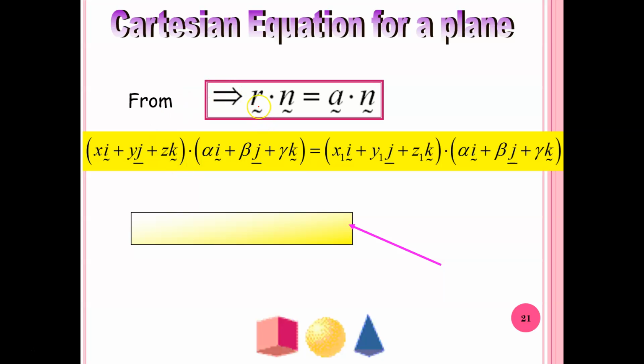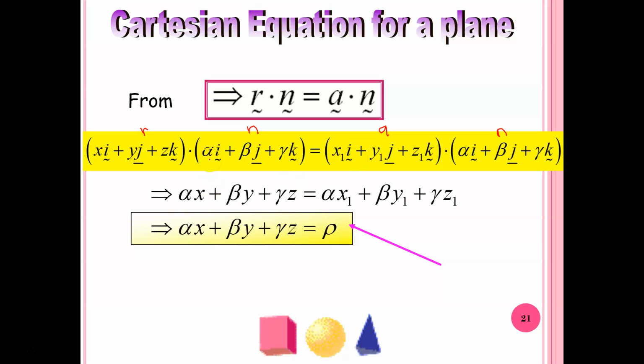So you have R, this is your N, this is your A, and this is your N. Masing-masing adalah dekat dalam dia. Kalau untuk N normal ini, alpha I plus beta J plus gamma K. Kalau R, X, Y, and Z. Kalau A, X1, Y1, Z1, which is we don't know what is actually the value, kan?